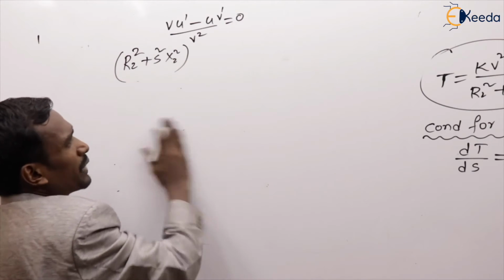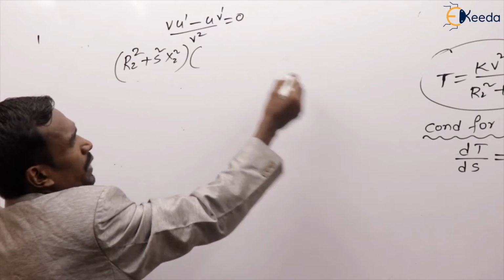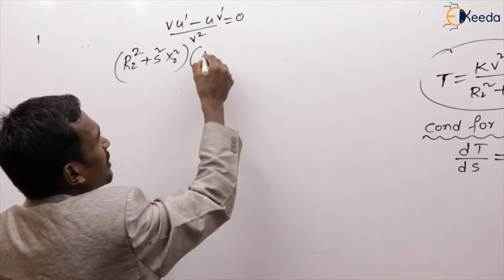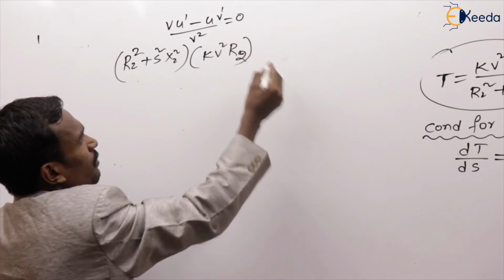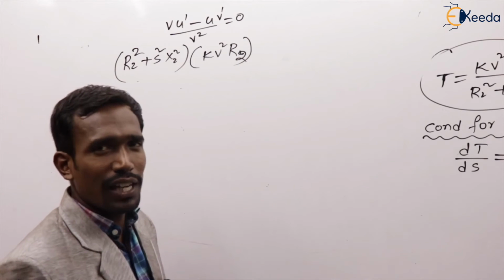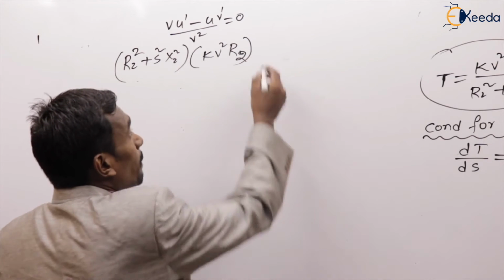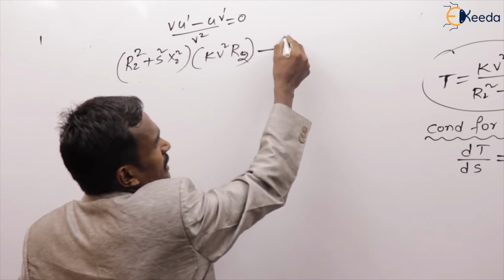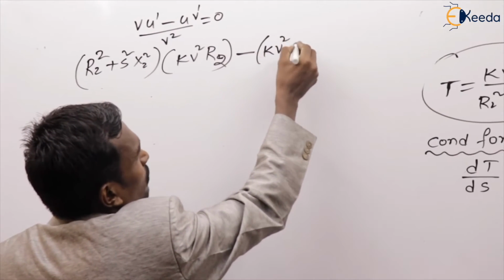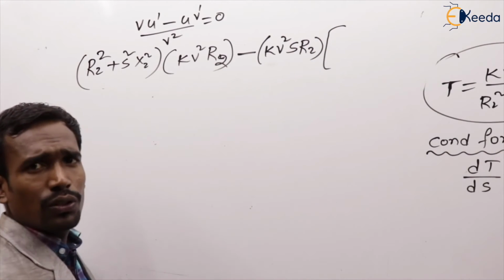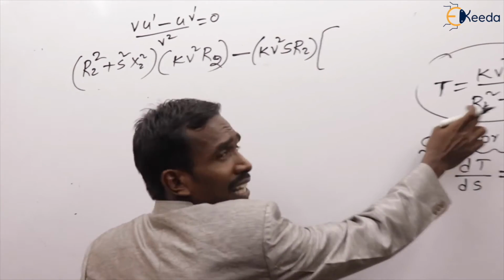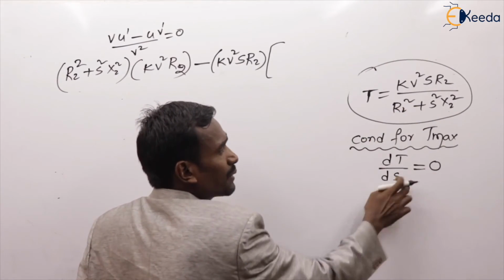V into U dash. What is U dash with respect to S? That's kV square into R2. So V into U dash minus U into V dash. What is U? kV square into S into R2, into V dash. What is V dash, the differentiation of this with respect to S?